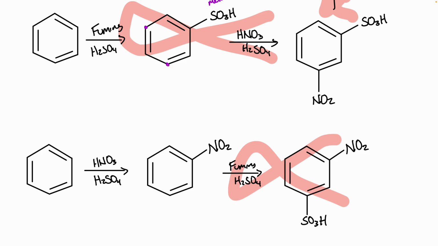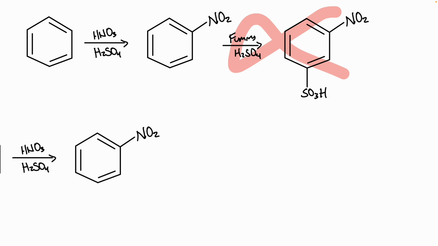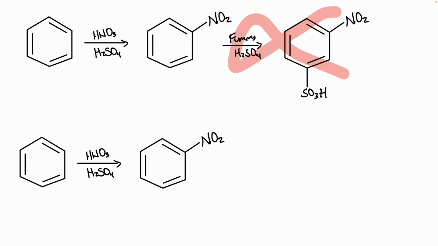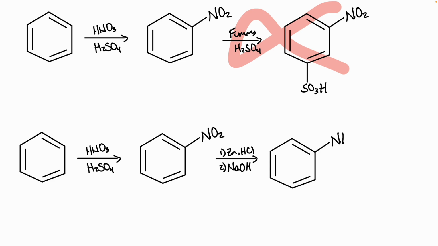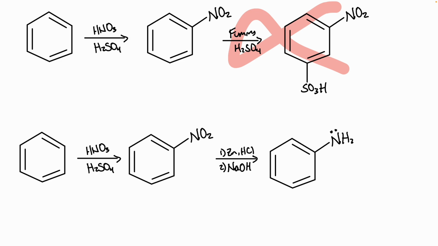So instead, what do I have to do next? I don't know that we have a name. You're going to reduce that nitro group using that zinc. Okay, so this would create aniline, and aniline is what type of director? Orthopara.